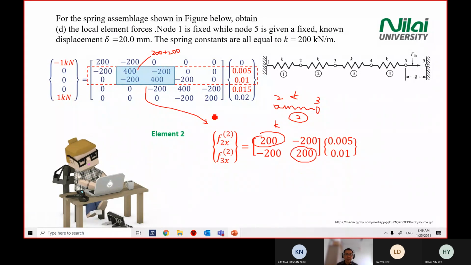Lai, do you understand why we get 200 here? Why we do not use the 400? Do you understand? Not really. Okay, so you don't understand.